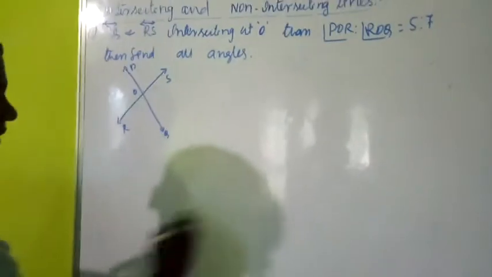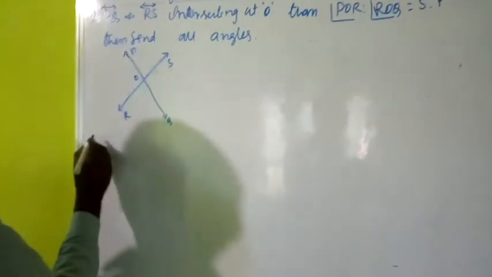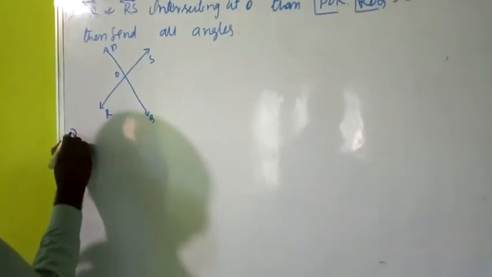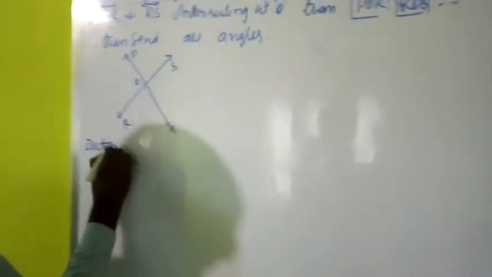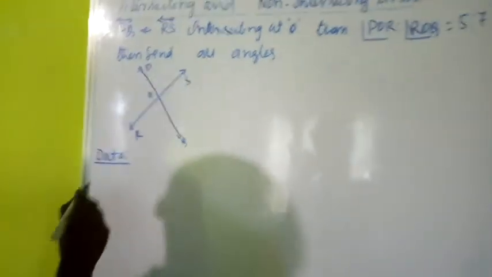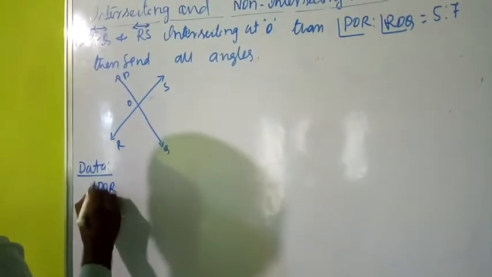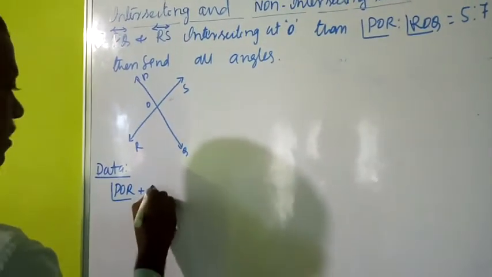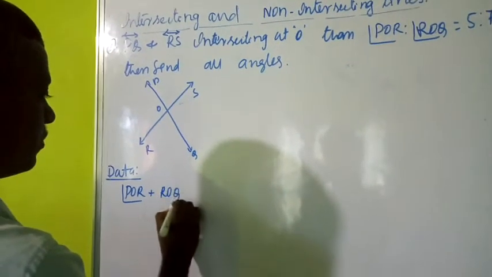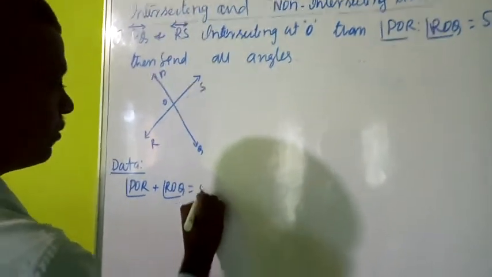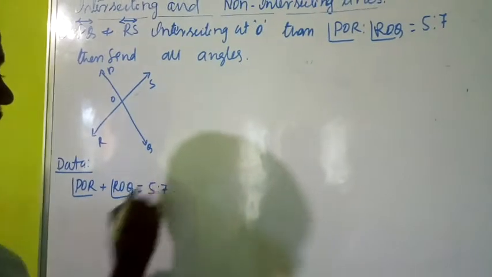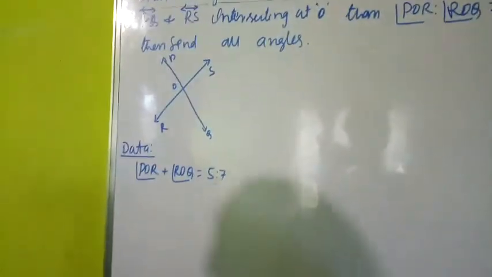So what is given? Just take the data. A ratio of the angles is given. Angle POR to angle ROQ is equal to 5:7. Then find all the angles.